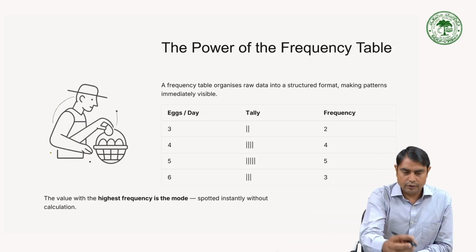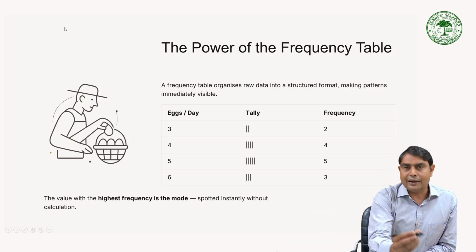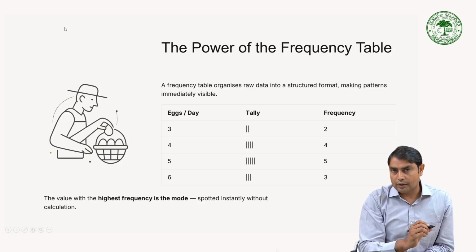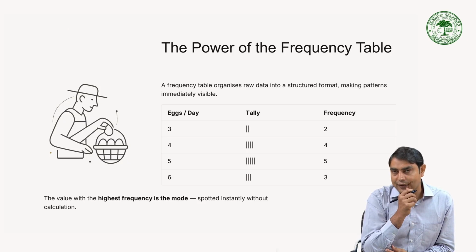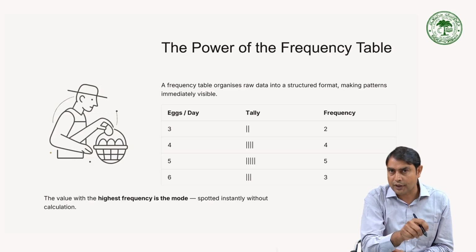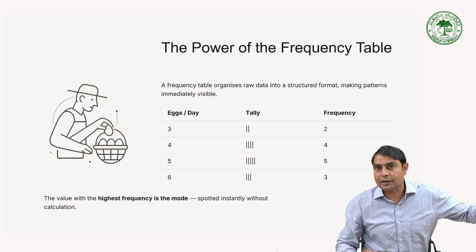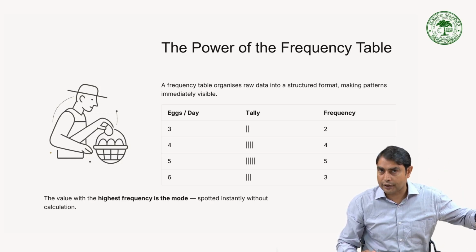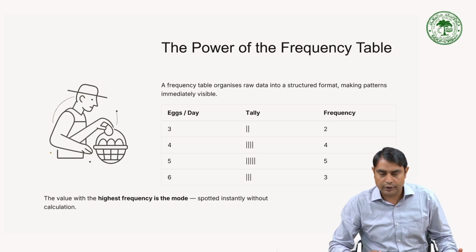Coming to the visualization part, when you are handling continuous data, which type of graph is good, bar chart or histogram? Histogram is good, right? When you are handling discrete or categorical data, then bar charts are good.